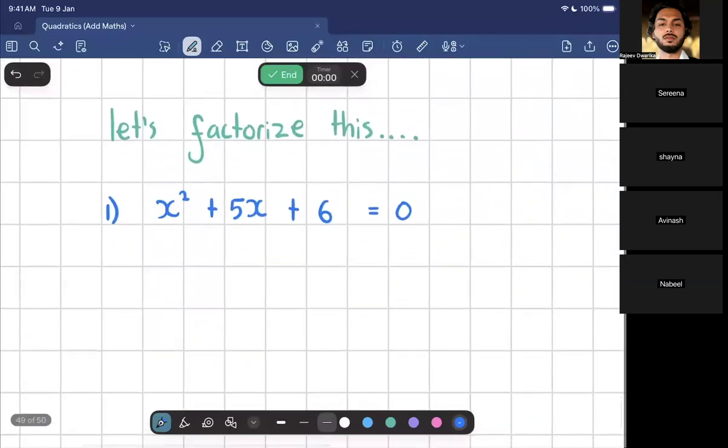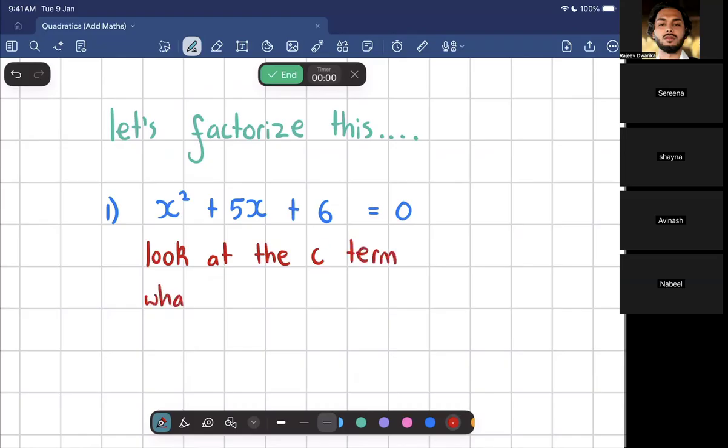Yes, sir. So Serena, how would I factorize this? First, we look at the C value and see what two numbers would give you the product of 6, but add to give you 5. Right. So look at the C term.